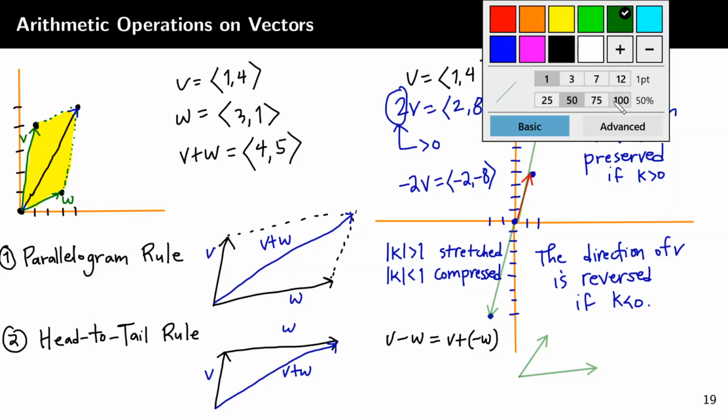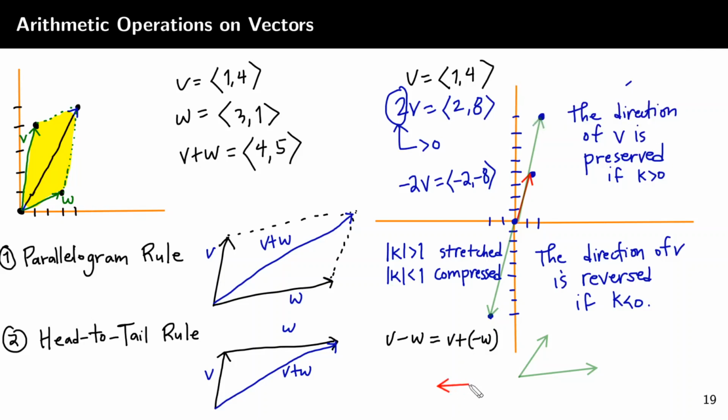Let me draw negative w with a different color, for example red. So same magnitude as w but opposite direction. Ayan. So itong red na vector which is negative w, ito yung i-add natin sa v. So ito yung v, ito yung w, ito yung negative w. Okay, since we're adding v and negative w, we can either use the parallelogram rule or the head-to-tail rule. Let me just use the head-to-tail rule.